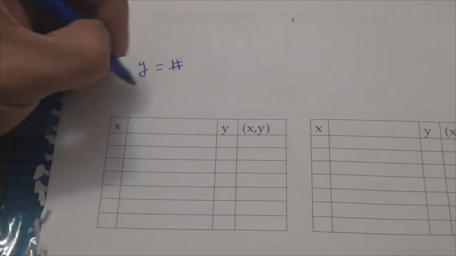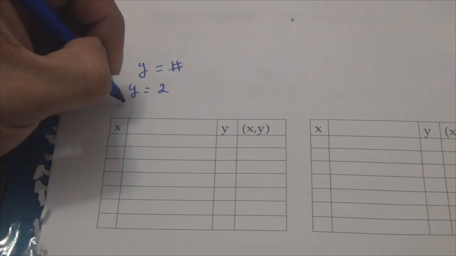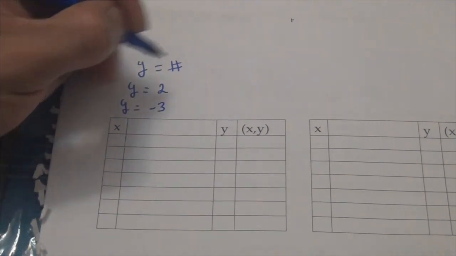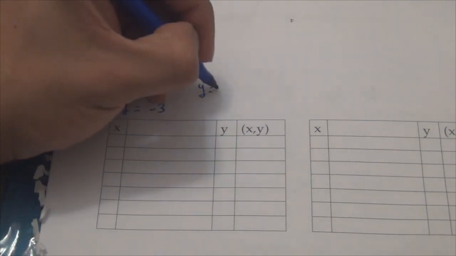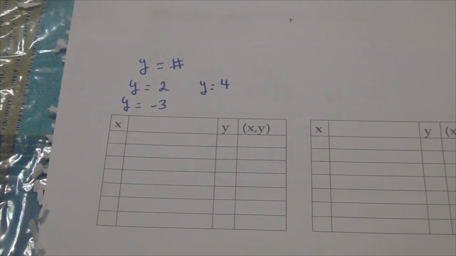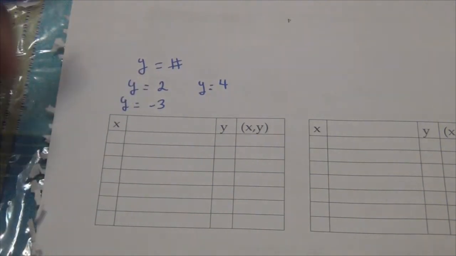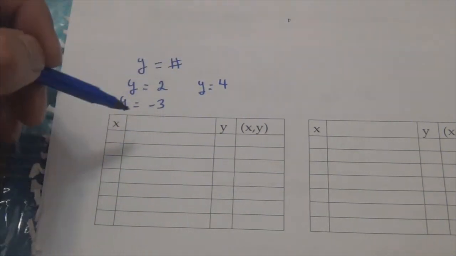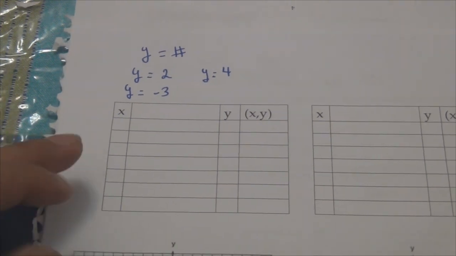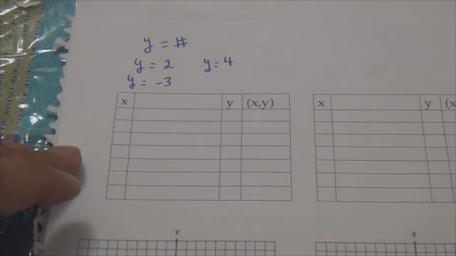I want to graph the following: y equal to 2 and y equal to -3 and y equal to, I don't know, 4 for the sake of doing it. For the first one, we are going to try to convert them into the slope intercept form. Okay, if not, then that's fine.